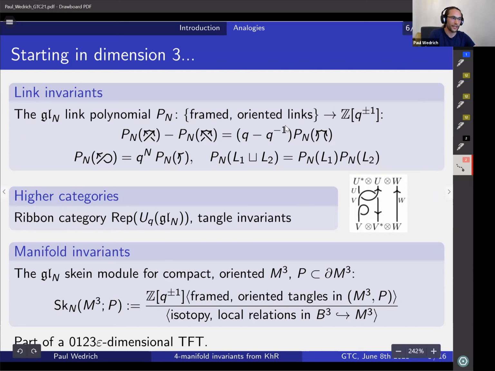The starting point will be link invariants, and specifically for the purpose of this talk, the GLN link polynomial. I denote that by Pn, and it is a function that assigns to framed oriented links some Laurent polynomials in a variable q, and it is governed by skein relations. These are linear relations that relate the polynomials of links whose diagrams differ only in a small region.